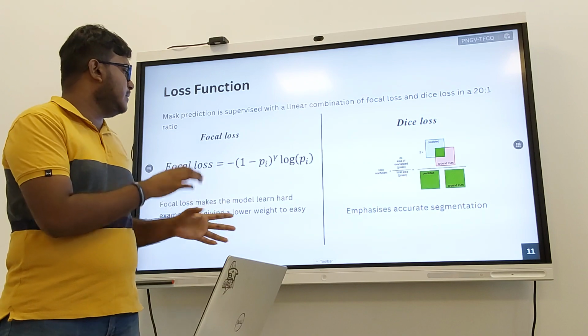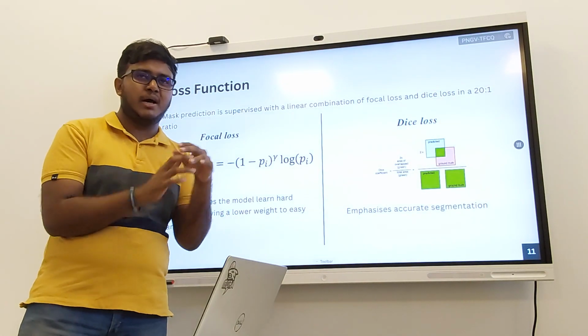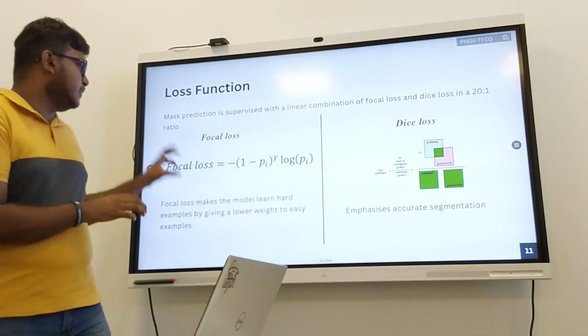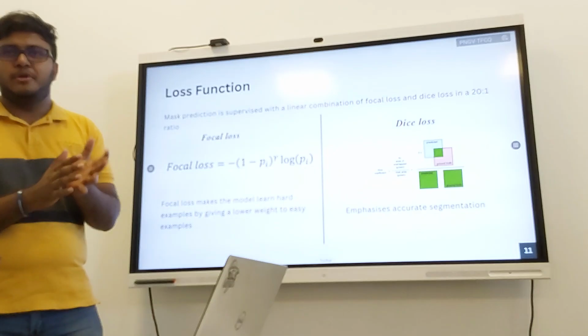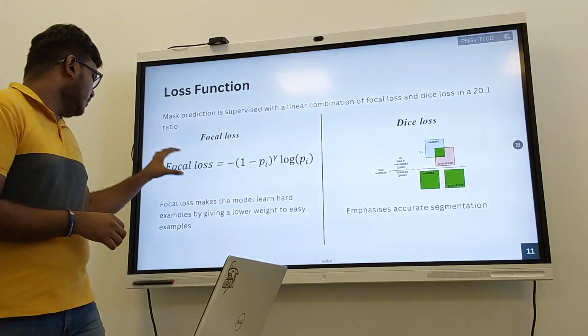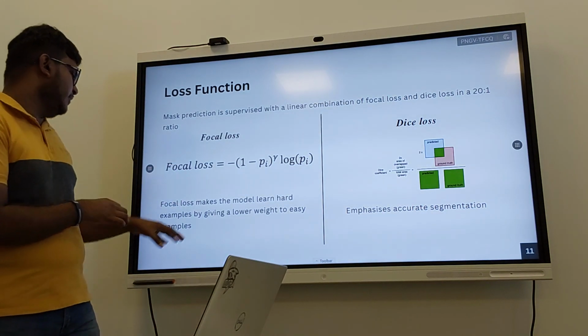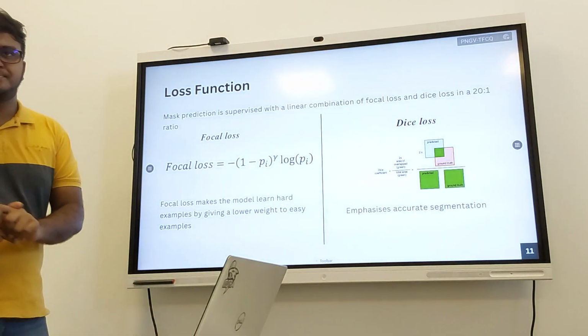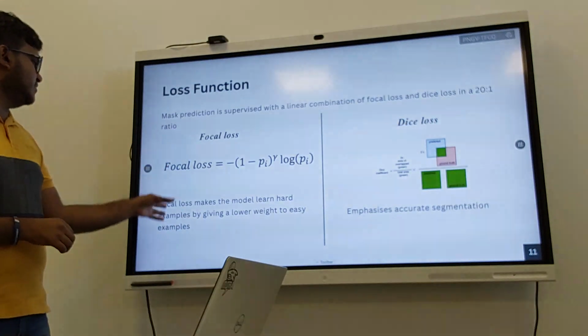Therefore the loss will mainly focus on those high error examples, which means the pixels which are very hard to train on. So by adding this focal loss, we make the model learn hard examples. That's the purpose of focal loss.